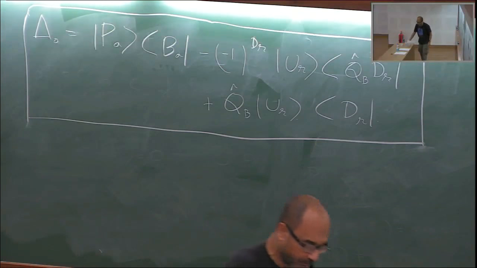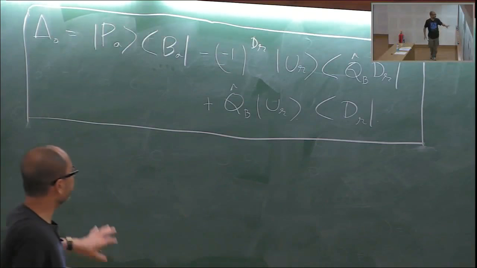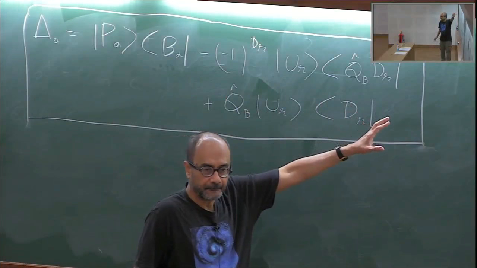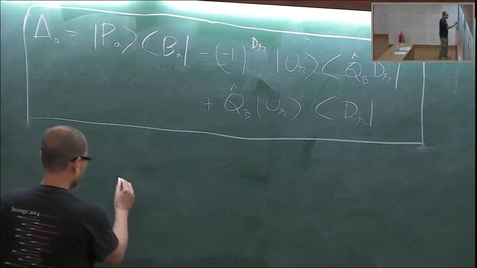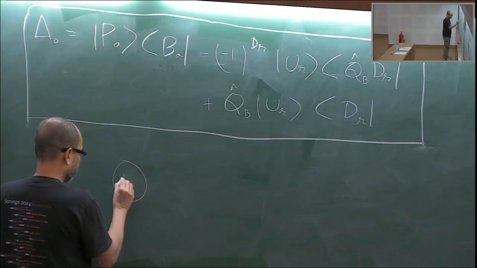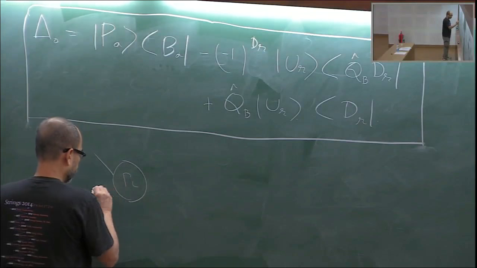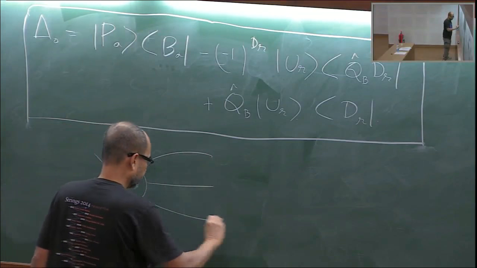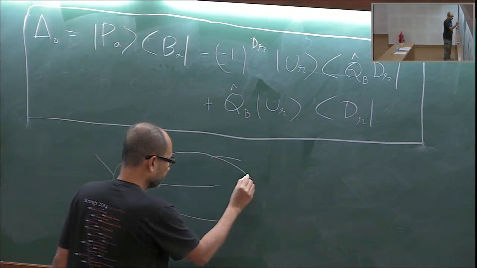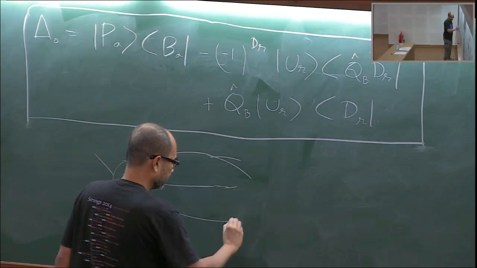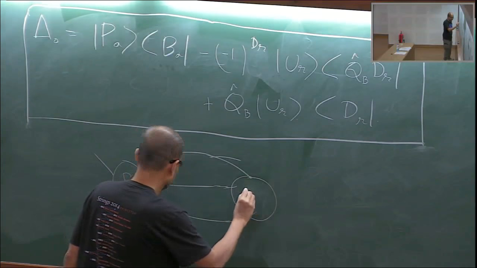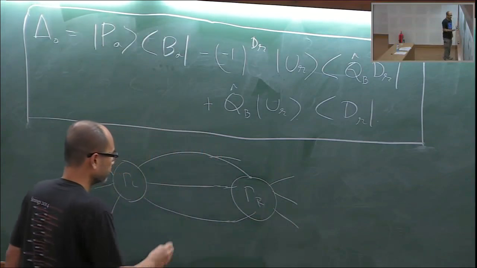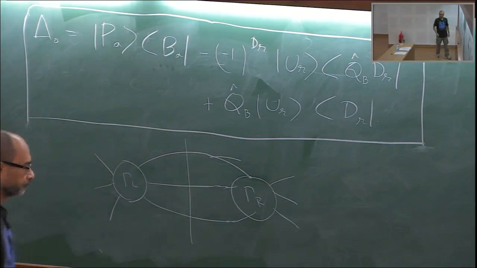Now the point is that if these terms had not been there, then you are done. Because suppose you have a cut diagram. Let me now draw this here. We have gamma L and gamma R. We cut it.